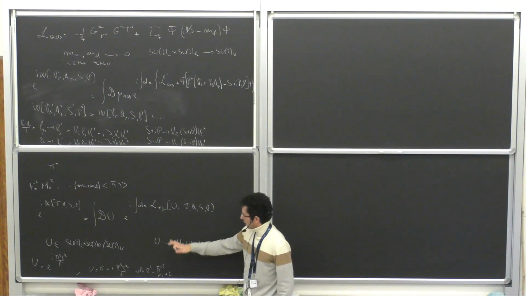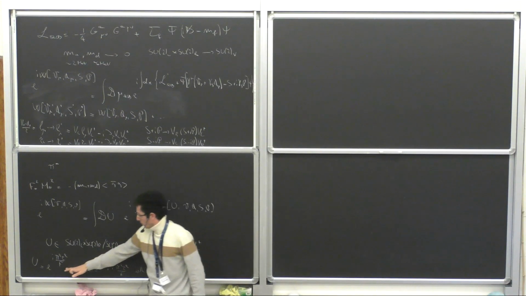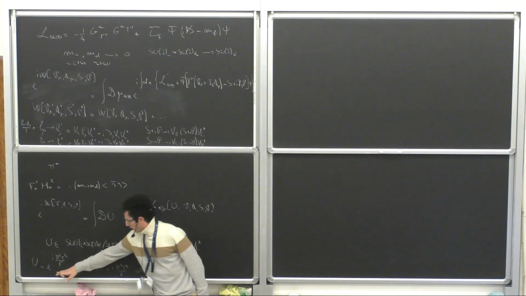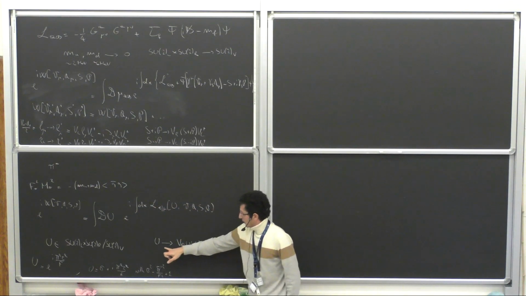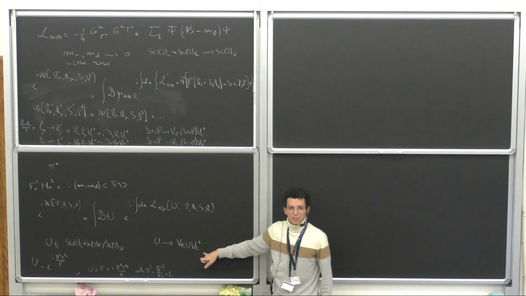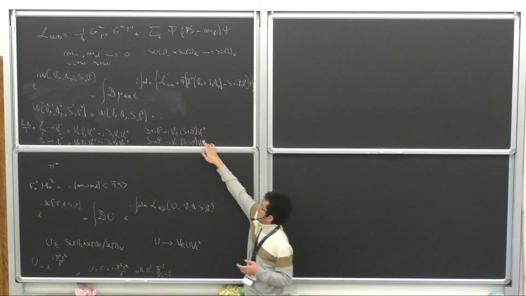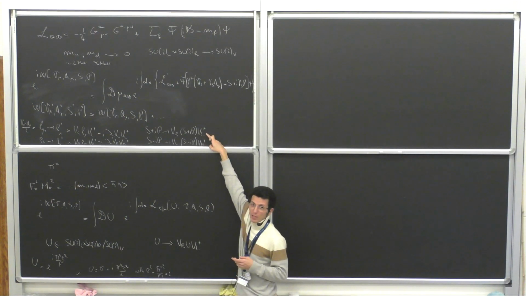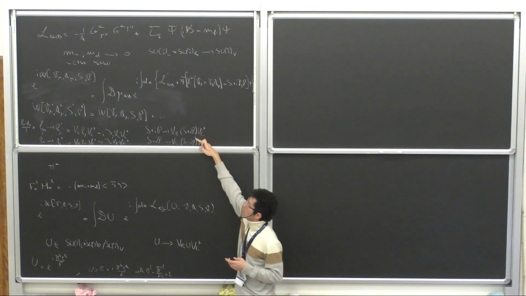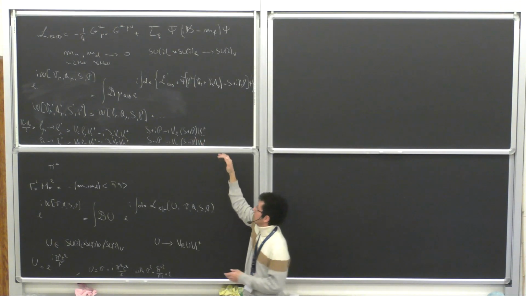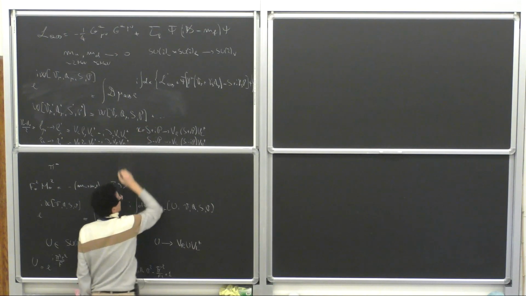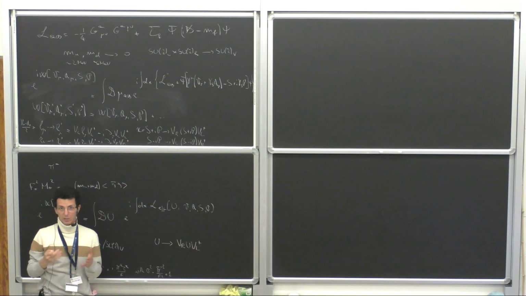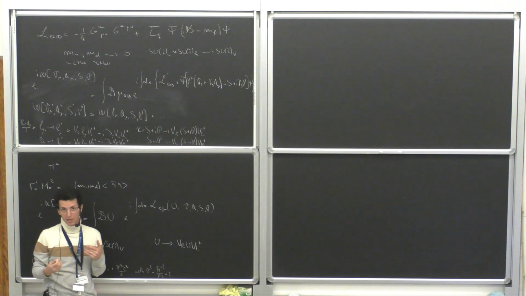Now, most people use these canonical coordinates for the matrix U, but in any case, from this transformation law for the pion matrix, you see that this source S plus iP, normally called chi, collects scalar and pseudo-scalar sources.